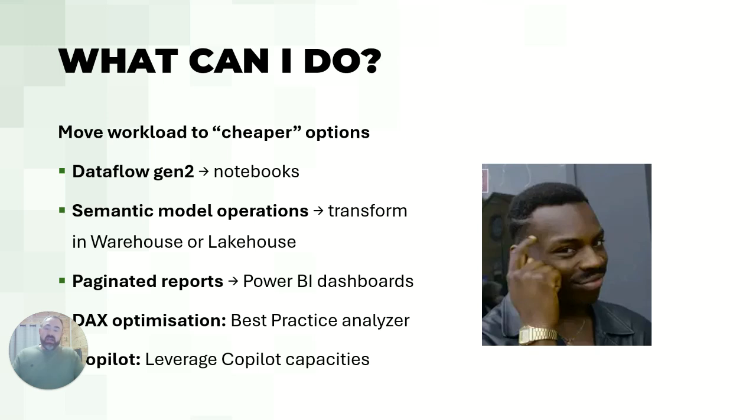DAX optimization, we actually have the best practice analyzer built in to the web experience now. So try using that, try optimizing your DAX. And with Copilot, we can leverage Copilot capacities. So if your organization uses Copilot quite heavily, put it into its own capacity where you can view the charges for that specifically, and it won't affect anything else that you're doing.